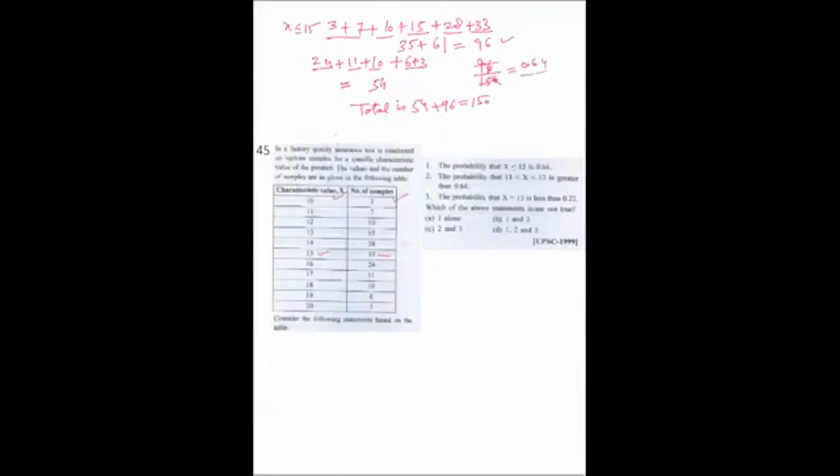Now the second one is the probability that 13 is less than x and x is less than or equal to 17. So we will start from 14 till 17 and add them.